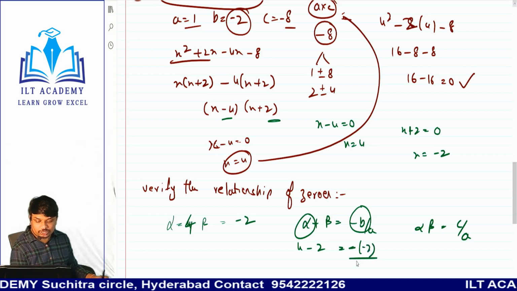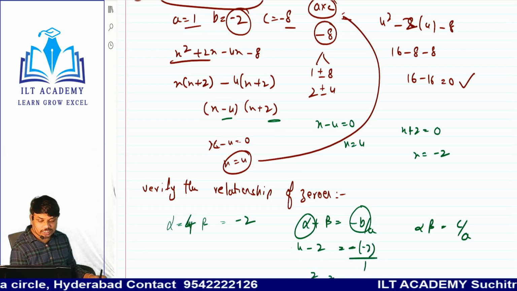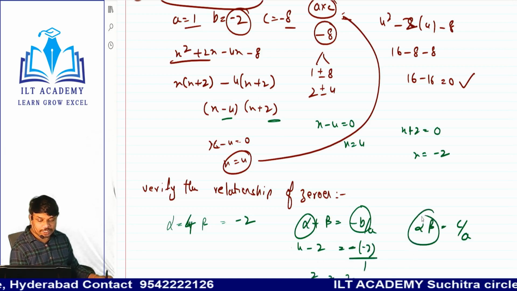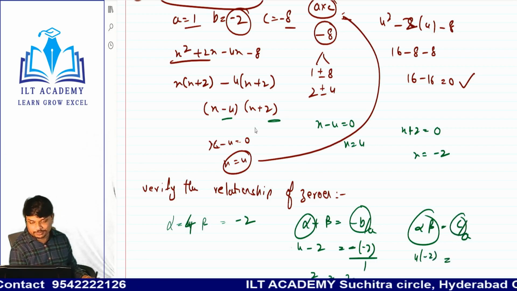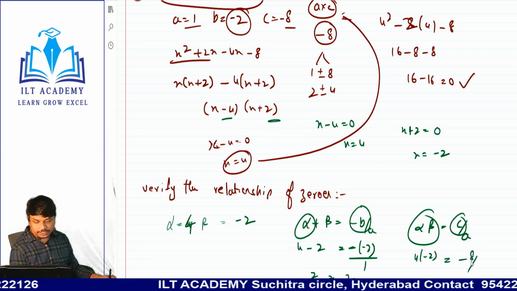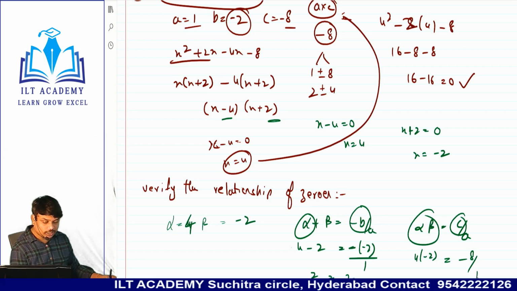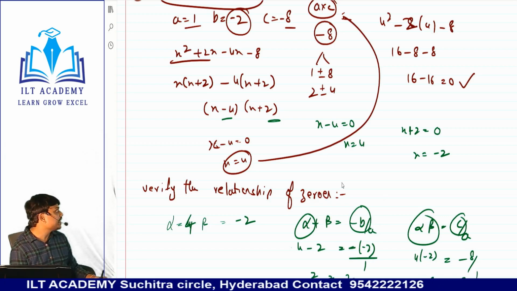Minus of minus 2 divided by a value 1, so 4 minus 2 is 2, which equals 2. Now alpha beta: 4 into minus 2 is minus 8, and c by a is also minus 8. We have verified the relationships also.